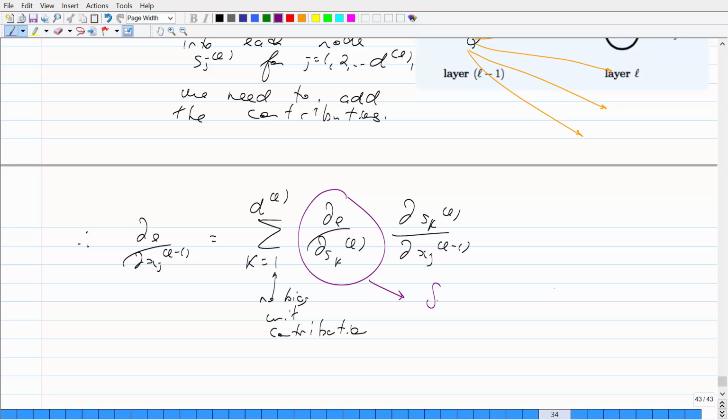So this is delta_k of L, right? And then this guy here, well, if you remember what the summation was, this is just summing up all the inputs. So I've got k equal to 0 to D of L, right? I'm just using a different summation index here.